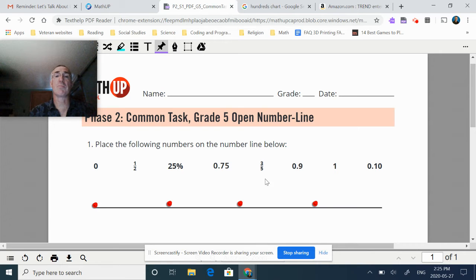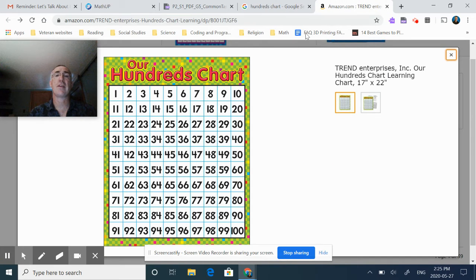As I continue to move forward, 3 out of 5. If I think in terms of my numbers chart, this one can be a little bit tricky. But if I think in terms of how many 5s I have in 100, I know I have 20 of those.